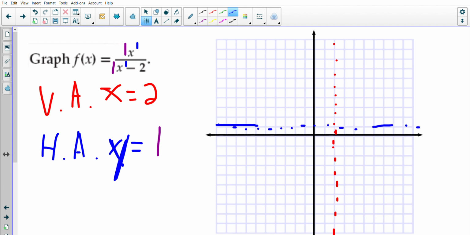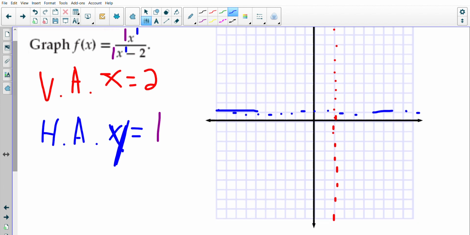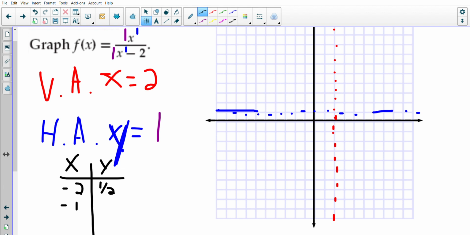Okay, so now I'm just going to make a quick chart and pick a few numbers to give a visual of where it's going to be. So if I take x and y and plug in, I'm going to start with -2. If I plug in -2, that would give me 1/2. If I plug in -1, I get 1/3. If I plug in 0, I get 0.